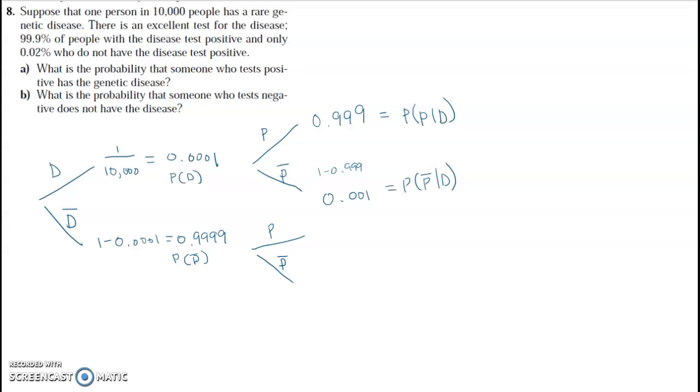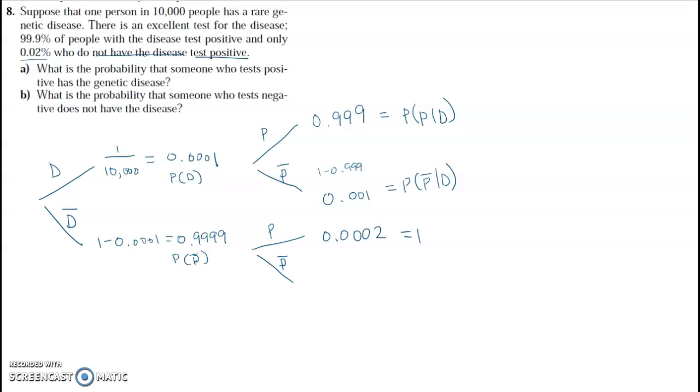All right, so the next given info is 0.02. That's the probability of the test being positive given, sorry, I'm looking at this one, the test being positive given not disease. That would be going on here, and that's 0.0002.